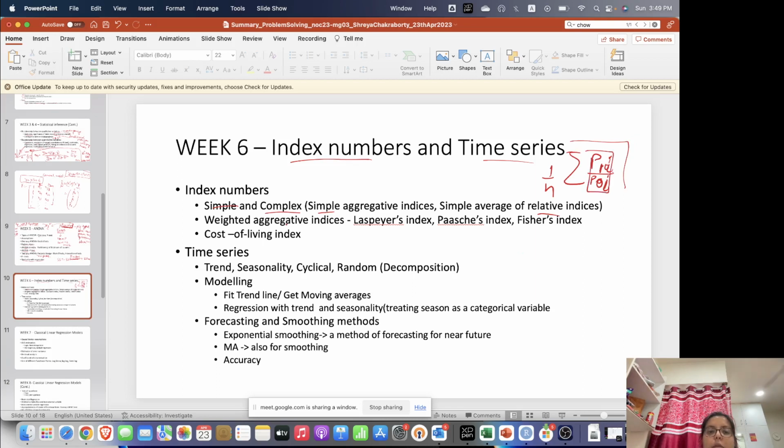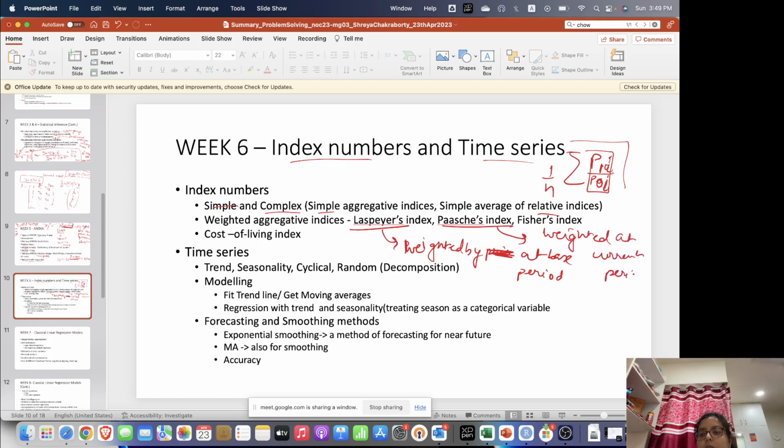We also learned about weighted aggregative indices like the Laspeyres index and Paasche's index, where Laspeyres is weighted by price or quantity at the base period, and Paasche's is weighted by price or quantity at the current period, and Fisher's is nothing but, this we also learned.